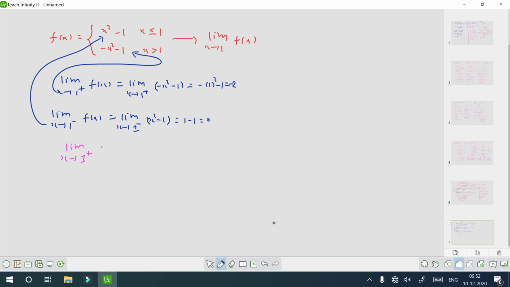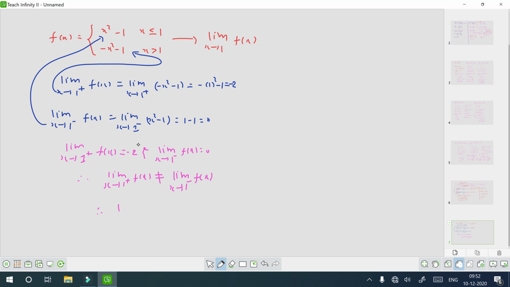the right hand limit exists, that is equal to minus 2, and the left hand limit also exists, and that is equal to 0. So both are not equal. So limit x tends to 1 plus f of x is not equal to limit x tends to 1 minus f of x.